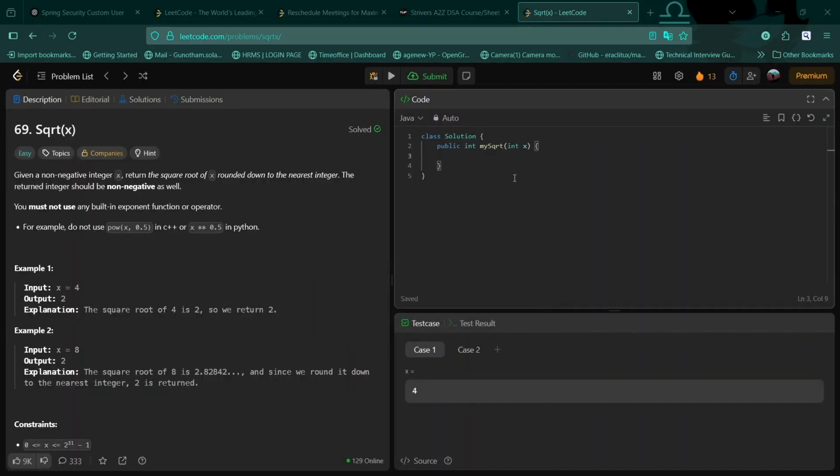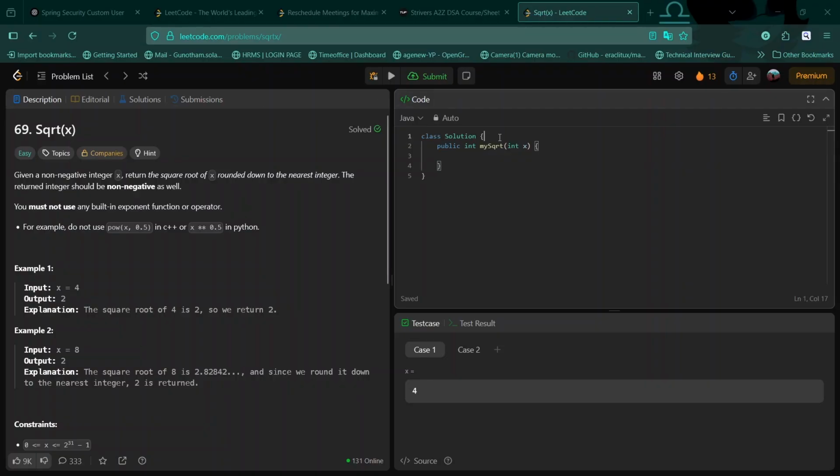Basically we need to find the square root of a number provided by the user.